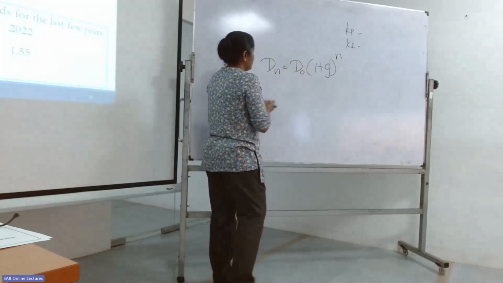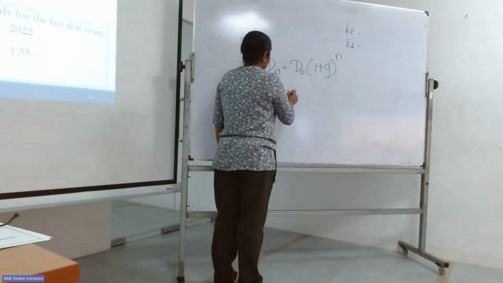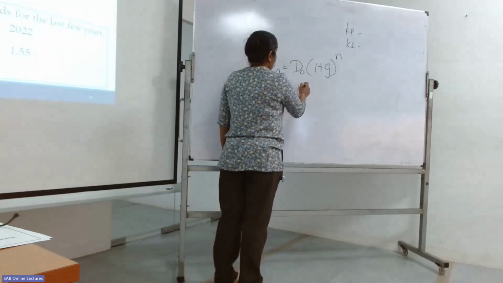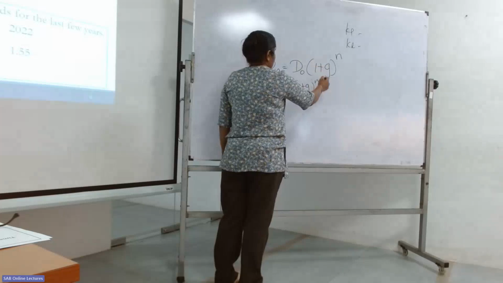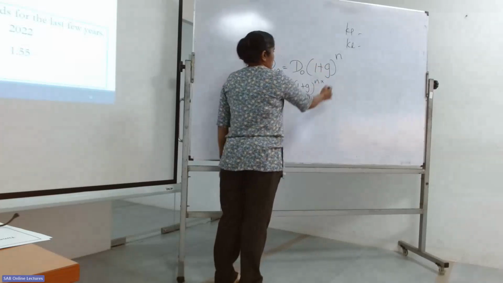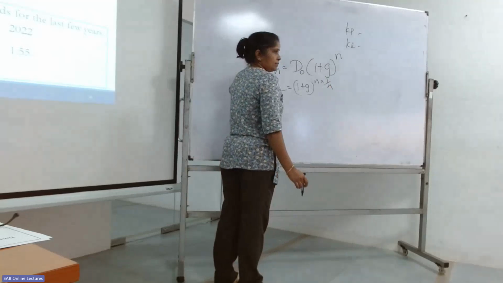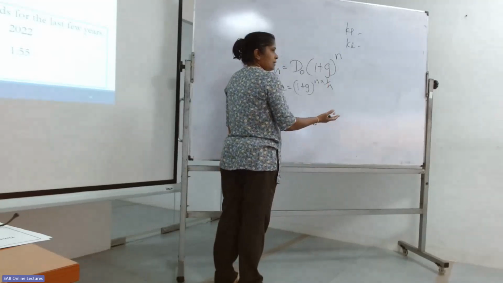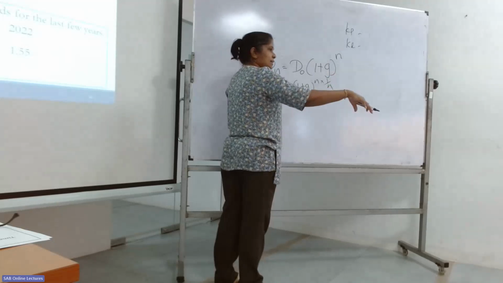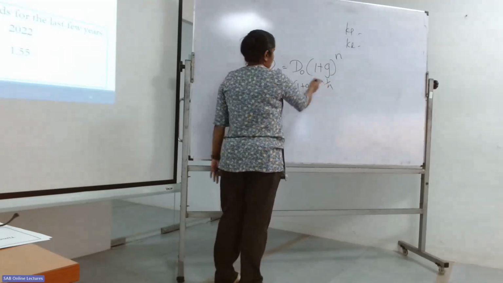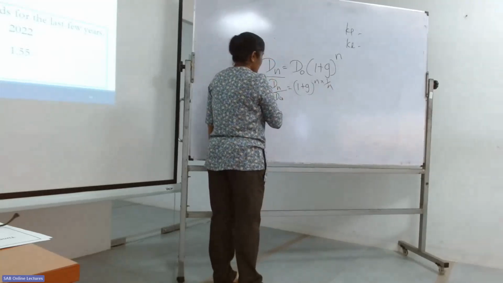If you simplify this for the growth rate, Dn divided by D0 is equal to (1 plus growth rate) to the power n. In order to remove this n, you multiply both sides by 1 over n. So 1 over n means the nth root.